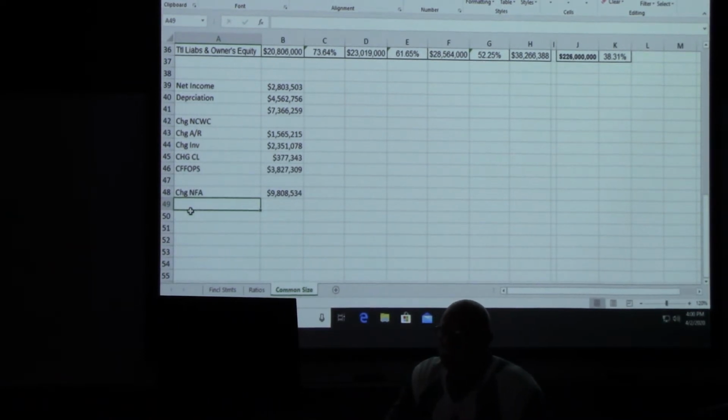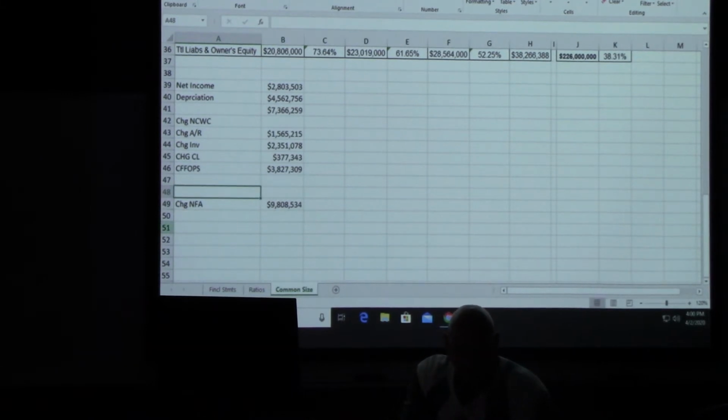And now let's move this down here and call this cash flow from investing. And now we'll say cash flow from financing. And we'll go change in long-term debt.